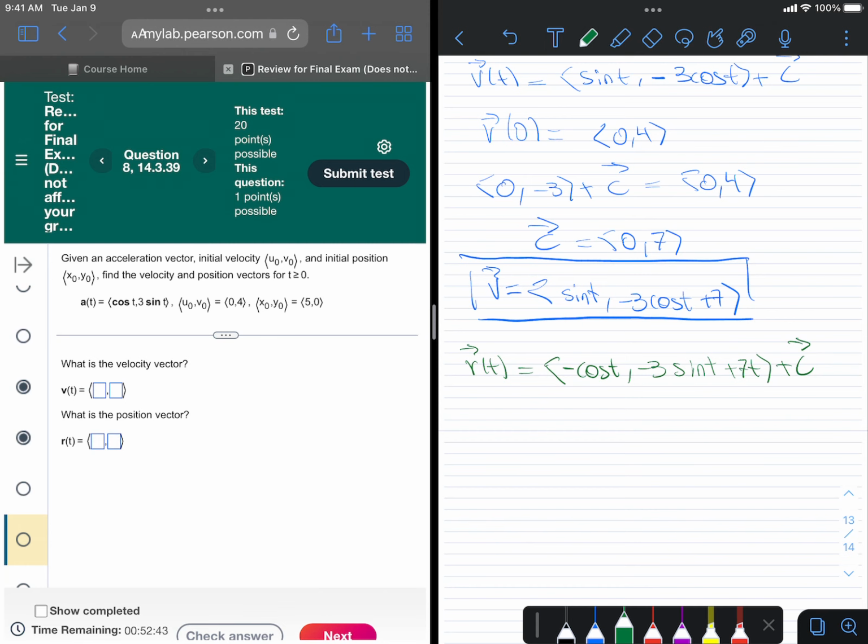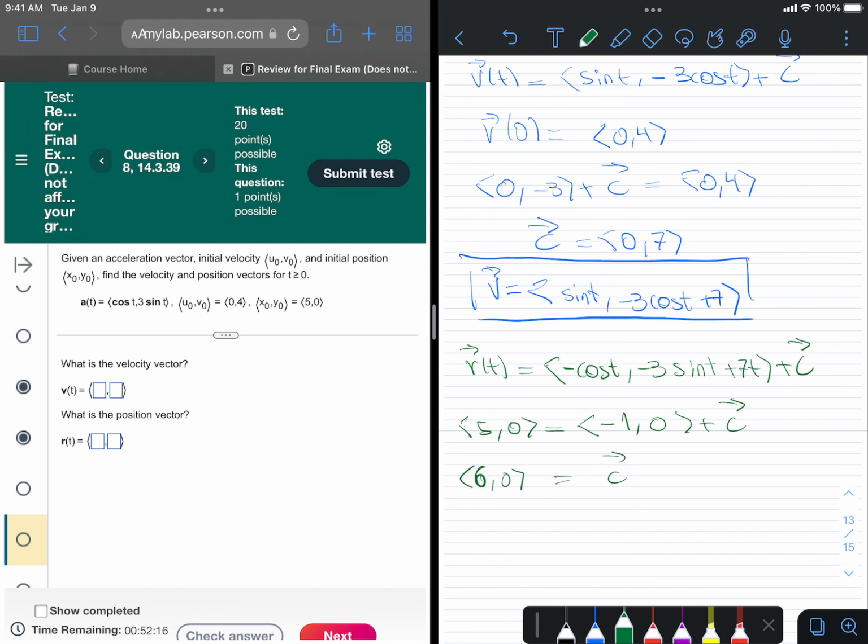At t equals 0, we're told the position is x0, y0, which is 5, 0. So it's telling you 5, 0 equals, when t equals 0, minus 1, 0, plus c. So subtracting that, I get that the c constant vector is 6, 0.